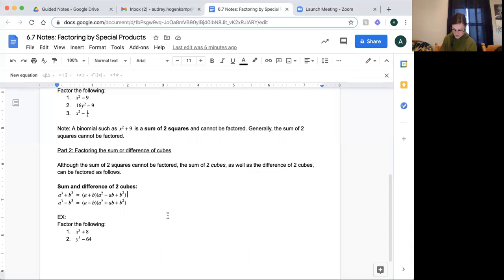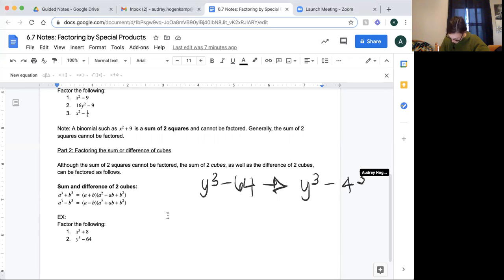And then we have y cubed minus 64, which, again, we want to rewrite as something cubed minus something else cubed. The cube root of 64 is, in fact, 4, because 4 times 4 equals 16, times 4 equals 64. So we can rewrite this as y cubed minus 4 cubed.